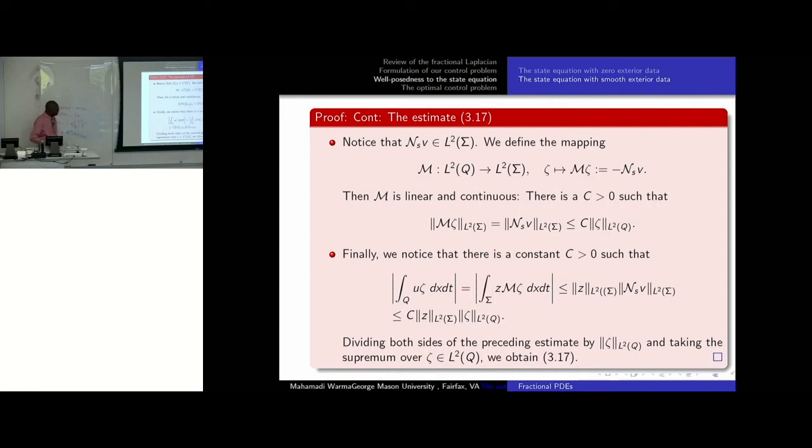Then you remark that the integral on Q of U psi is exactly the integral on sigma of Z times M of psi, and you use this estimate.